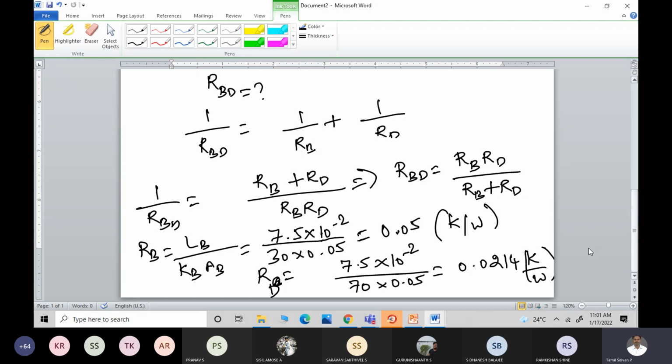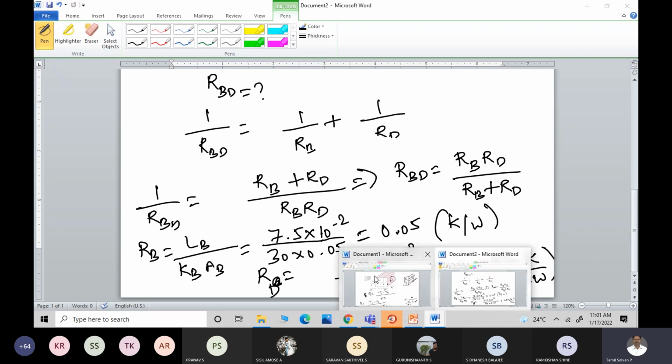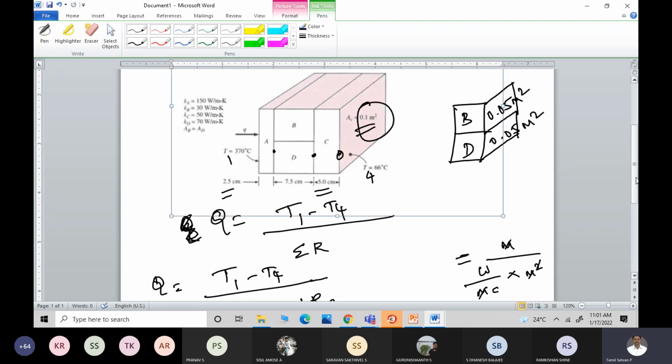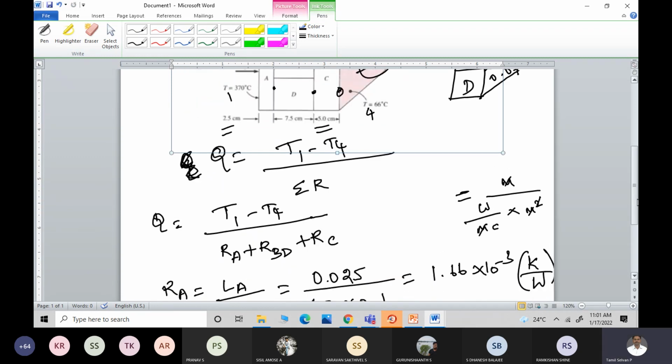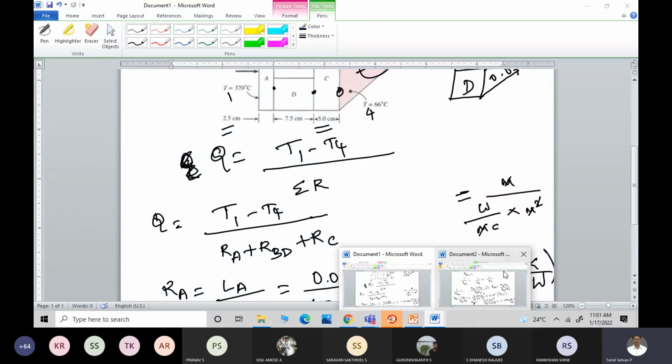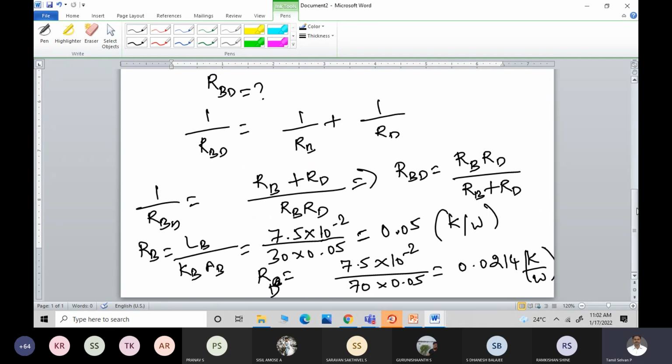Now, finally, the answer. One more thing which I missed out. We have got RB and RD; now I have to get RBD. So substitute here.